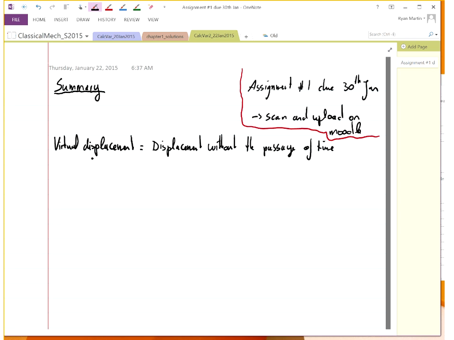And so virtual displacement we denoted as delta x. And that's different than the infinitesimal dx.